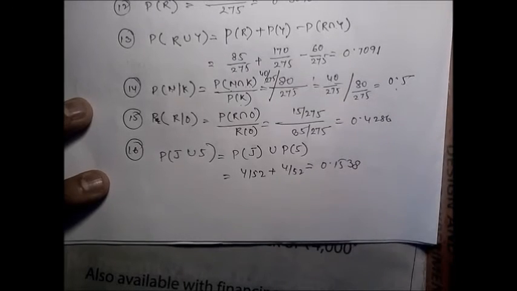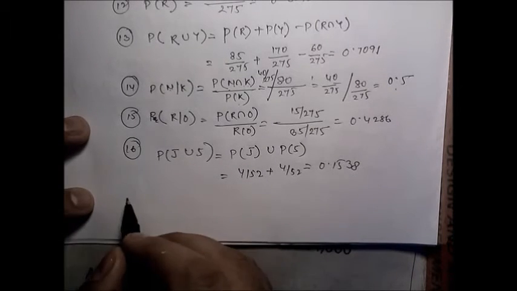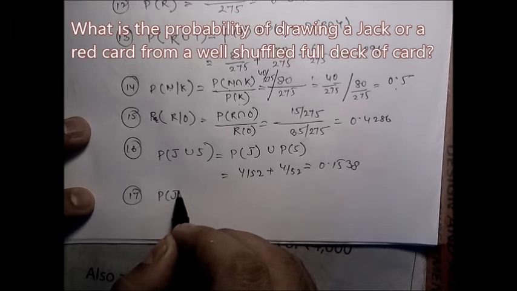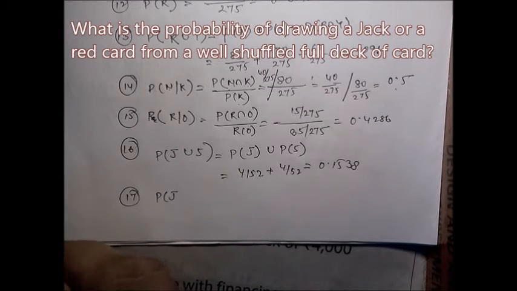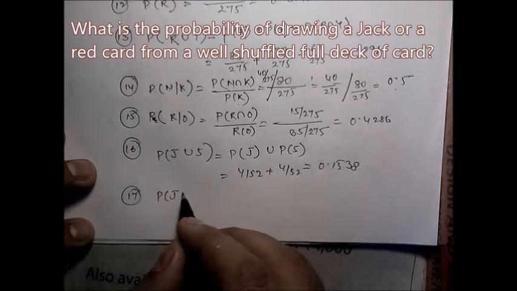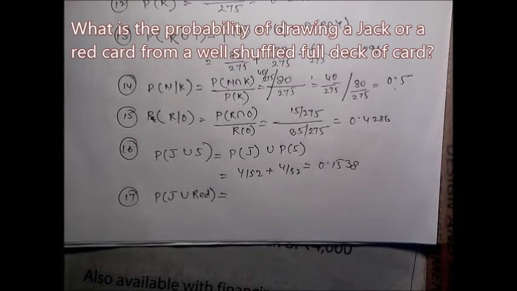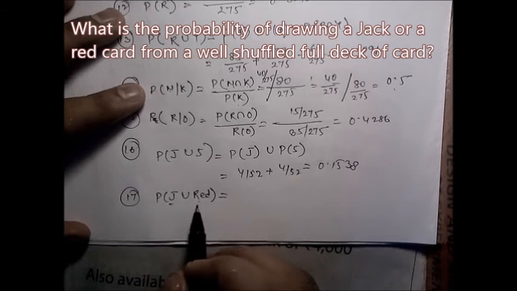The answer is 0.1338. Now, what is the probability of drawing a jack or a red card from a well shuffled full deck of cards? Here, jack and red are not independent, they are dependent, and overlapping is there.